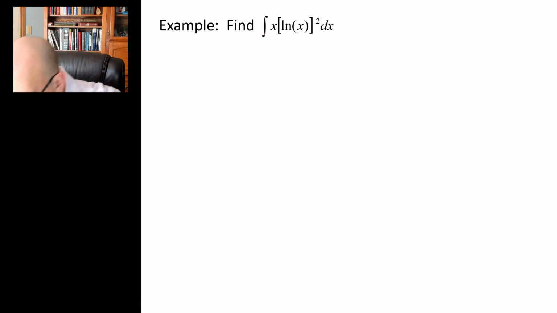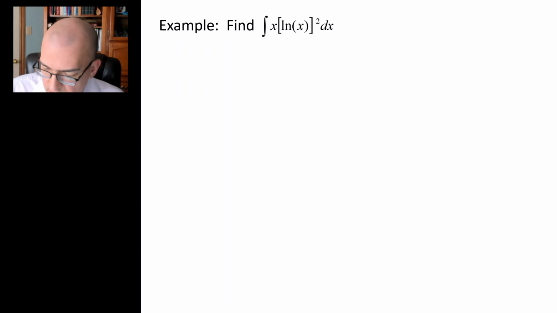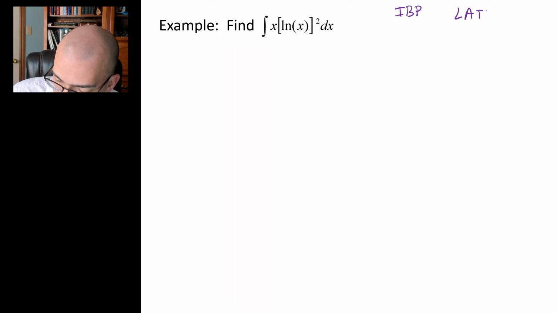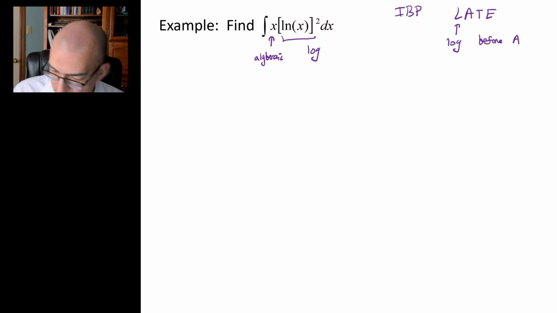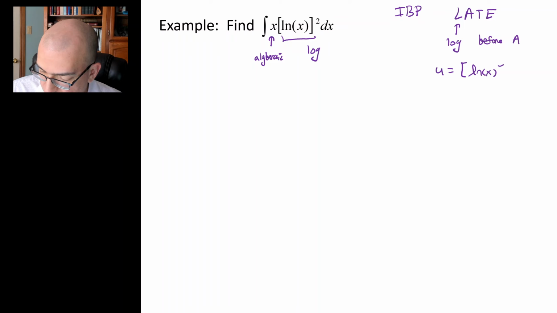So really quick, we're going to use IBP, and then LIATE says we have a log before the algebraic. So we're going to let u equal the log. U is equal to the ln of x all squared. And then dv is everything else. dv is x dx.